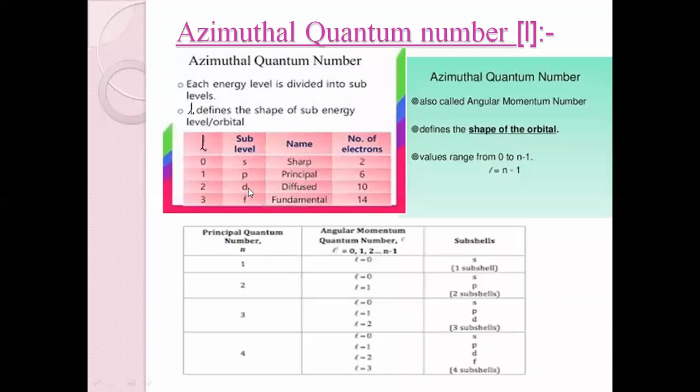So 2 is representing D, but the values which I will write always for L is 0 onwards only. So till I get the number 2, L is equal to 0, L is equal to 1, L is equal to 2. So there are S, P, D. Why we are writing?